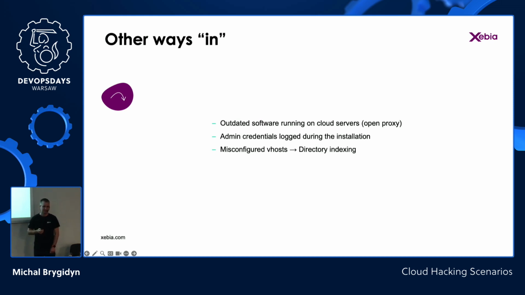misconfigured vhosts. When you install Apache or Nginx, you have a default vhost installed there that works for your default web. You need to replace it with your HTML or app. But usually you just don't do that. You create another vhost for your app in a different directory, or the same directory but a bit deeper.